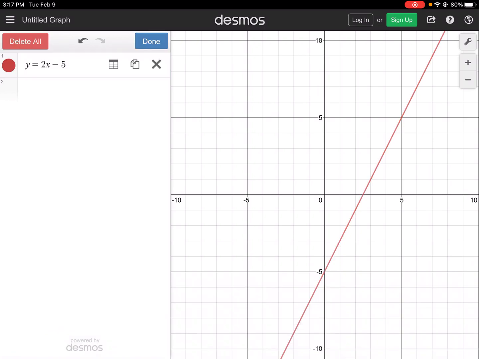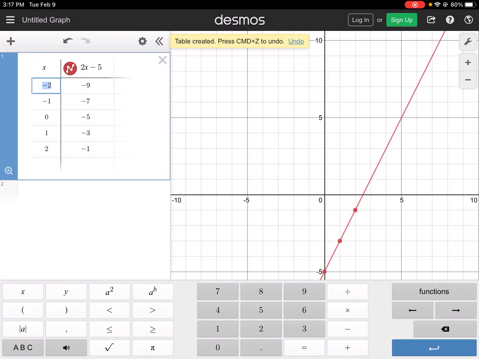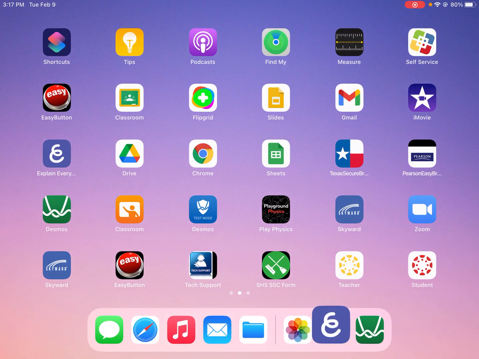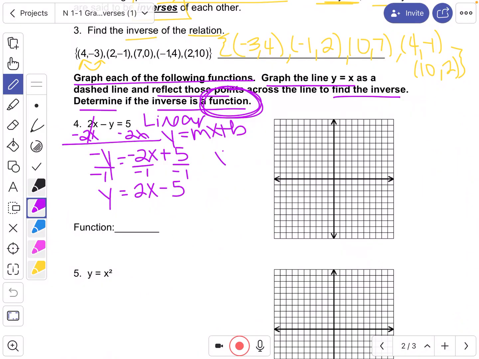You select it and then choose the table. So I'm going to write down those table of values on my paper. So that would be -2, -9, -1, -7, 0, -5, 1, -3, and 2, -1.